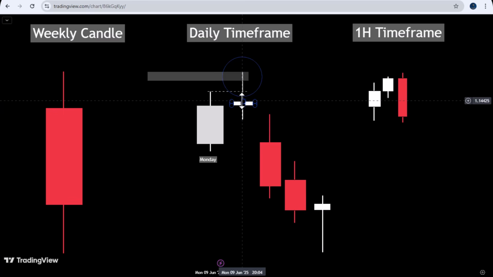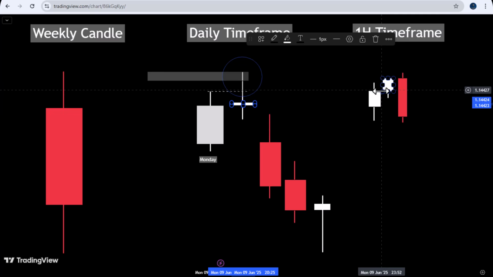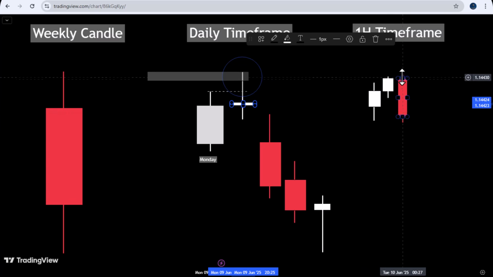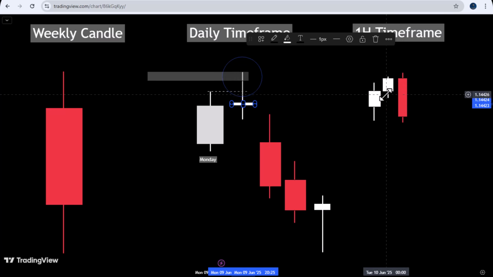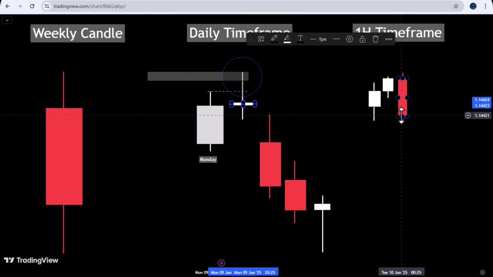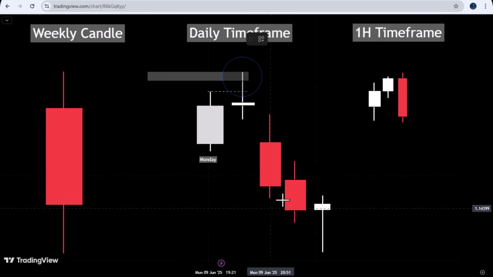Once it starts, of course, it will be going down like this. On the 1 hour, if you see a bearish candle engulfing a bullish candle, and the 1 hour candle has closed, let me type it.